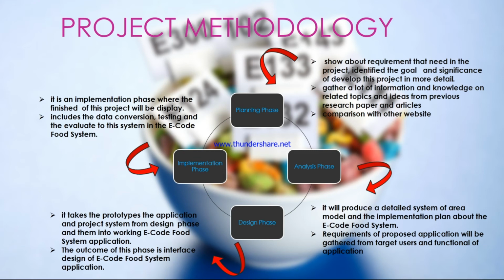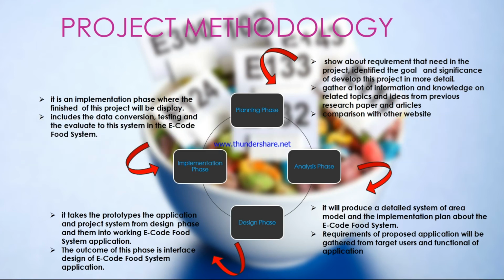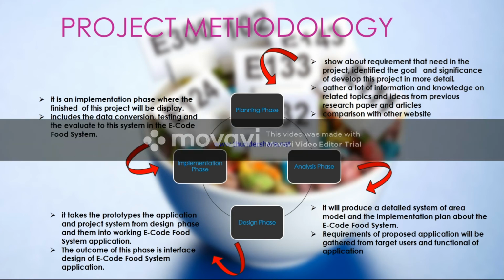The third phase is the design phase. The design phase takes the prototype, the application and project system, and turns them into a working E-code Food System application. The outcome of this phase is the interface design of the E-code Food System application.